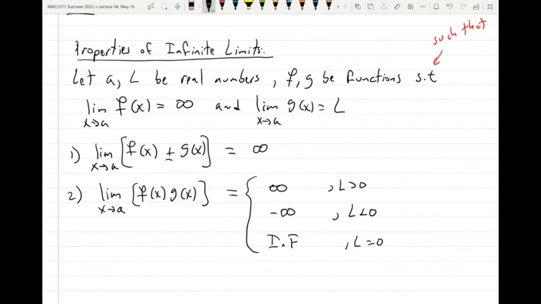For now, this is the 0 times infinity situation, or the infinity times 0 situation. That's an indeterminate form. So in that case, if this happens at this point, you say, well, I don't know. You need to teach me more. Because with what we have, we cannot do anything yet. Okay, are we okay with this? All right, so that's that.